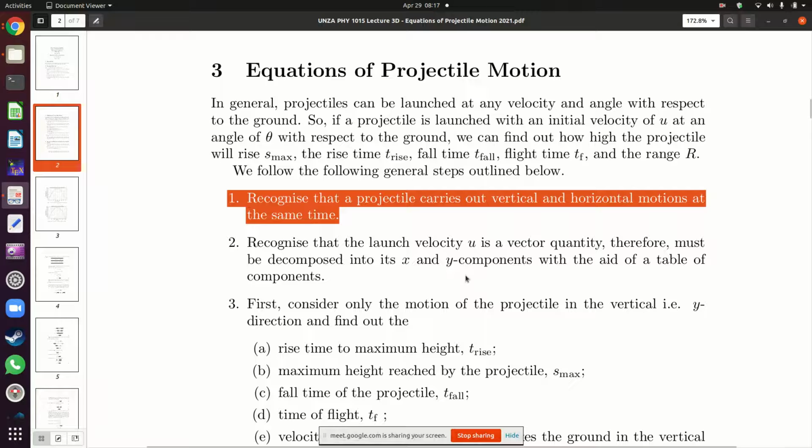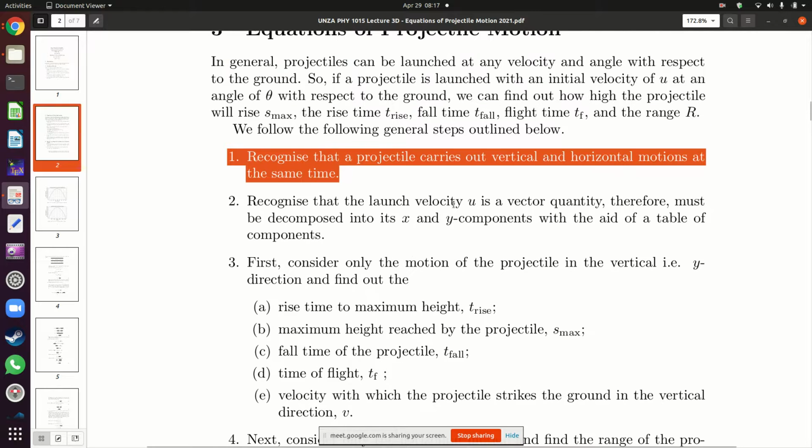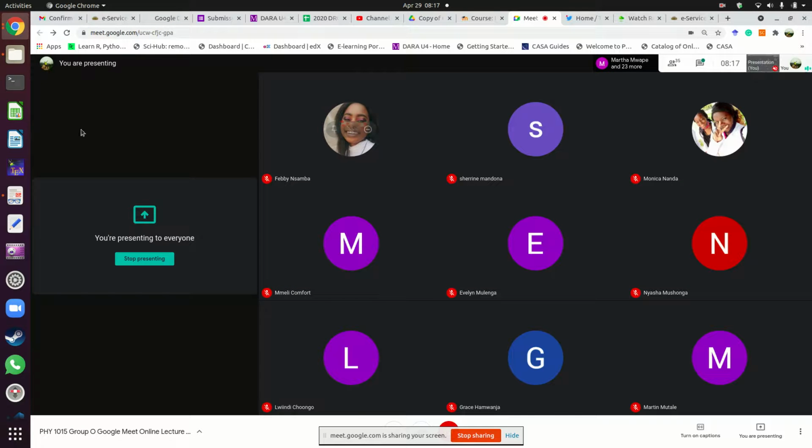Since there are two different directions in which this thing is going to move, the next thing you're supposed to recognize is that the velocity with which the projectile is being fired from whatever it is it's being fired from is a vector. That's the other thing you're supposed to recognize, that the velocity is a vector.